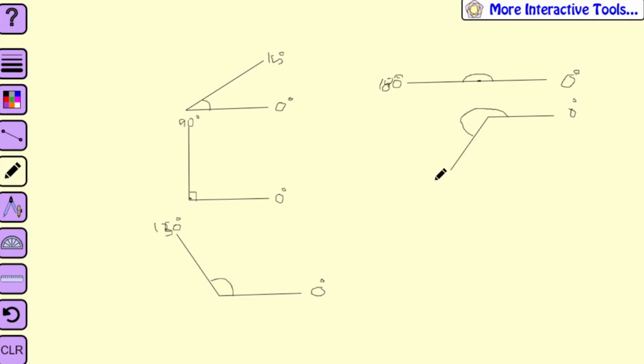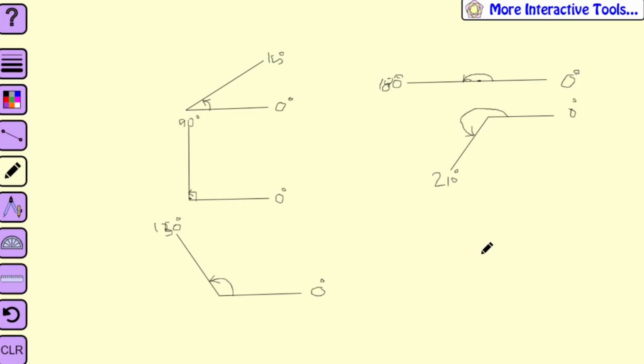And this is what we call a reflex angle. Usually I use the word reflex, flexible, to remember that specific angle. And notice the angles are going from the right hand side over to the left. Say for example, this angle is 210, just an example.